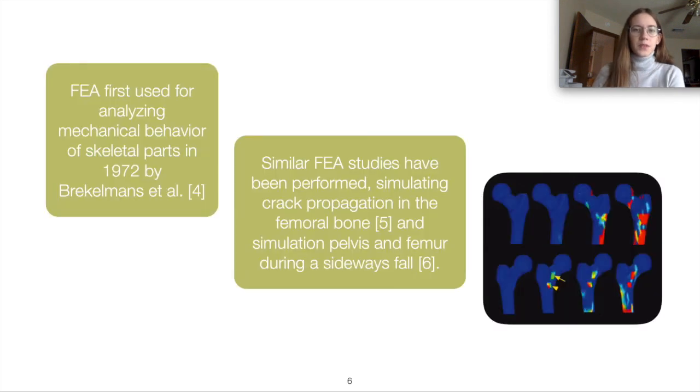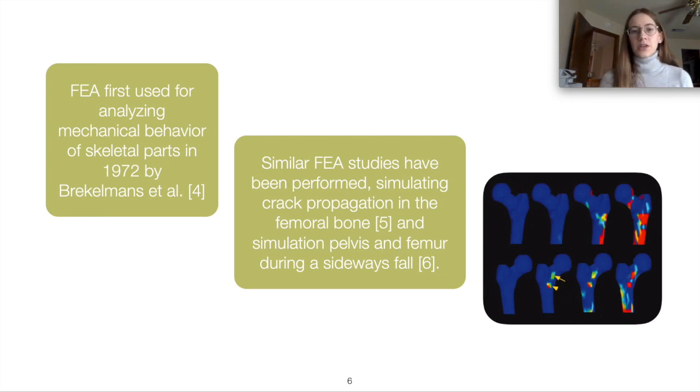So a little bit of background is that FEA and simulations have been used for this before. All the way back in 1972, they've been using mathematical FEA to characterize skeletal parts and see all the mechanical behavior in bodies. And there've also been more recent FEA studies using simulation software similar to ANSYS, which is what I use.